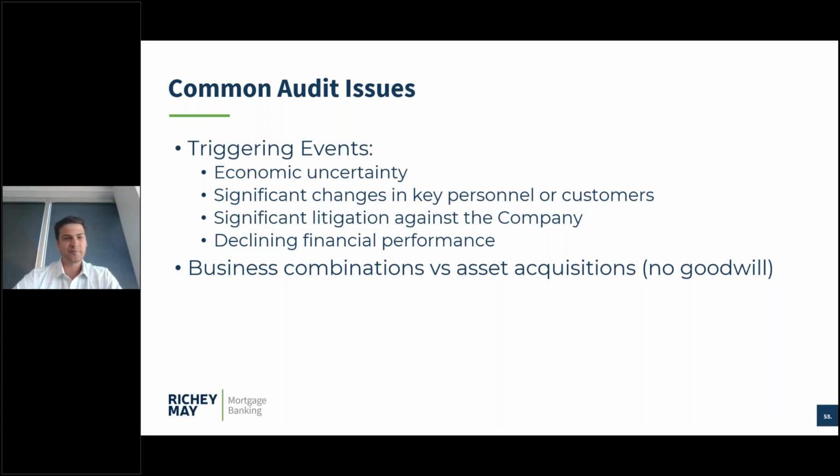Loss of a key customer, significant litigation, these are all examples of triggering events. And again, to reiterate, there is no goodwill in an asset acquisition, so that's why the determination between whether a transaction is a business combination or an asset acquisition is so important.